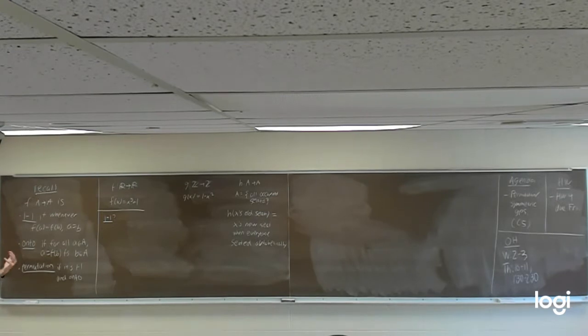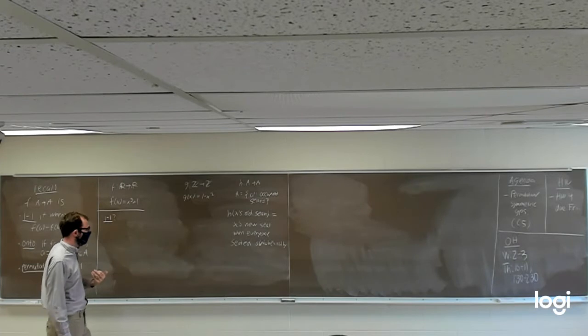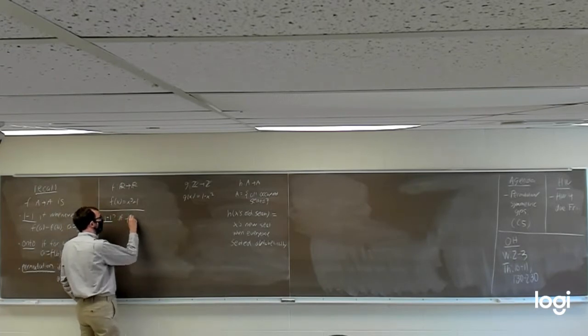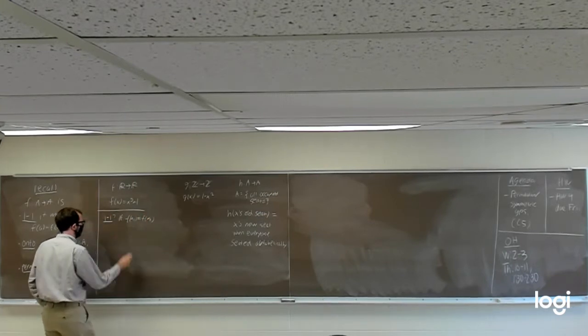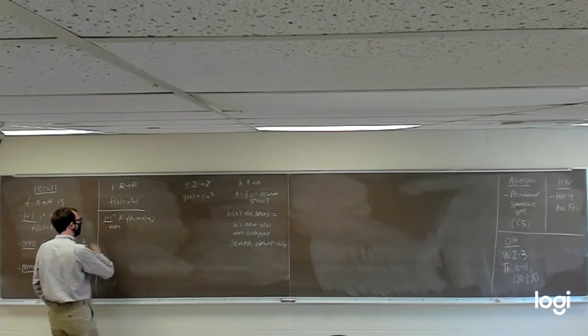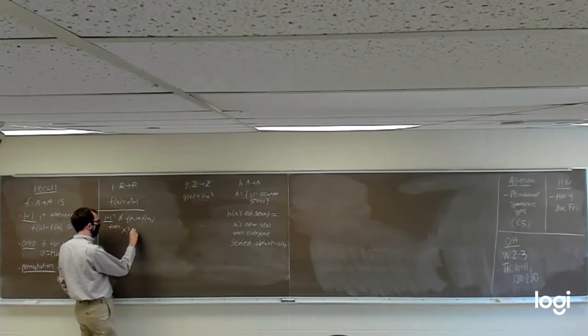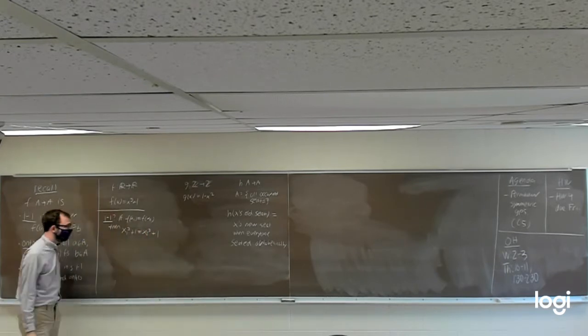If we want to prove that this function is one-to-one, we can just take two arbitrary elements, I'll call them x1 and x2, and say if f of x1 is equal to f of x2, then by definition that means x1 cubed plus 1 is equal to x2 cubed plus 1.